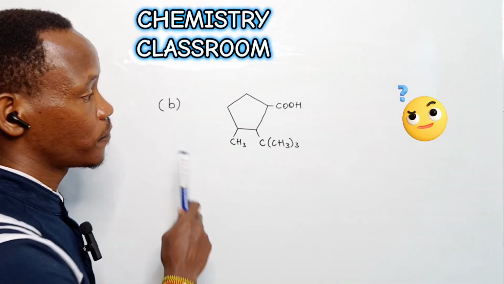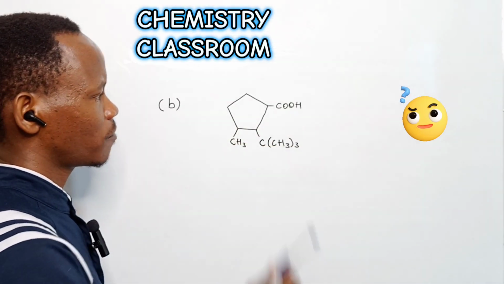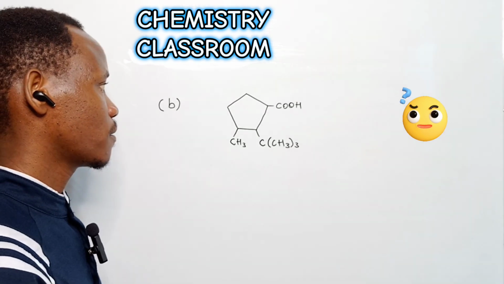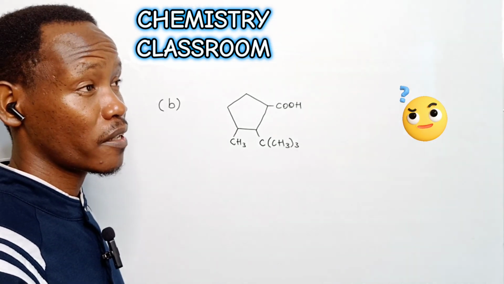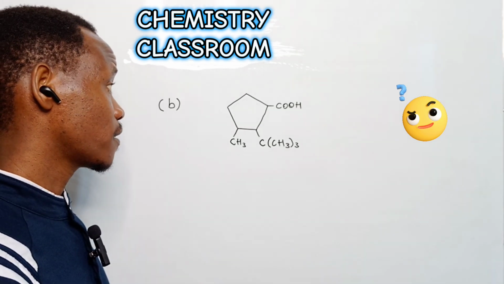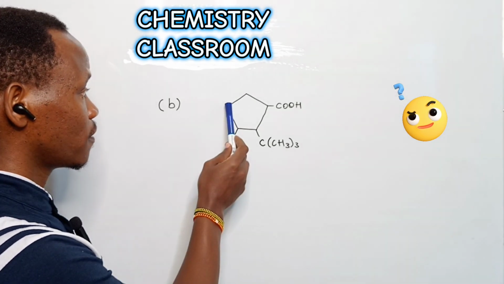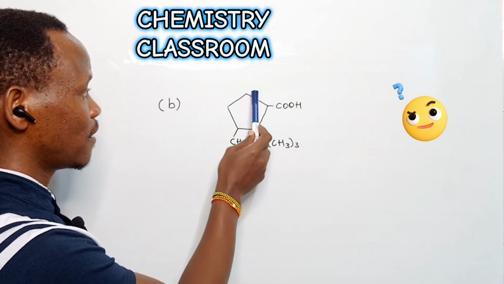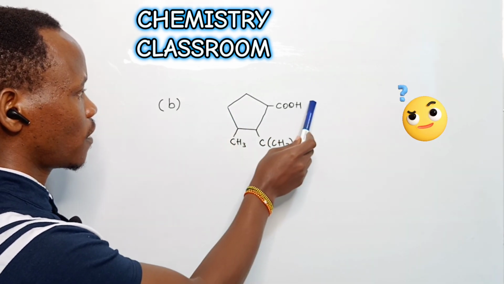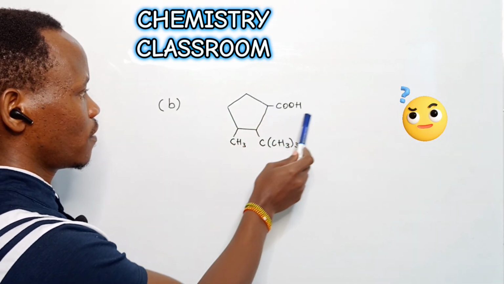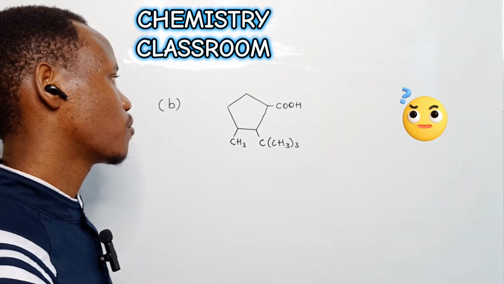Part B here, we also are supposed to name our compound. As the rules direct us, we are supposed to determine the parent chain. But in this case, the parent chain is this cyclic ring of 5 carbon atoms attached to the carboxylic group.